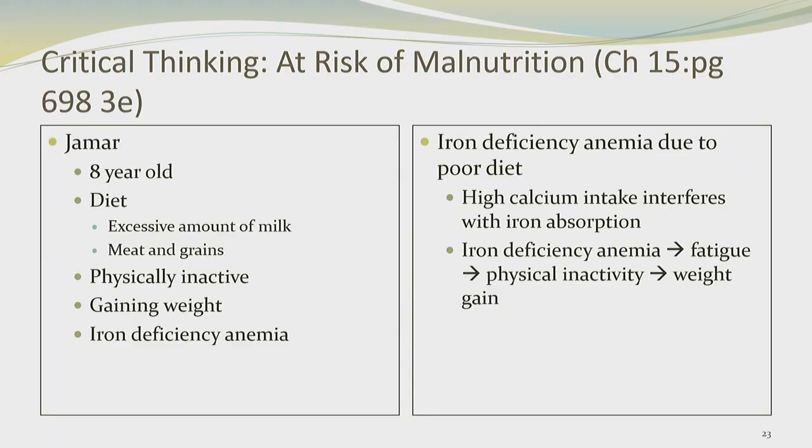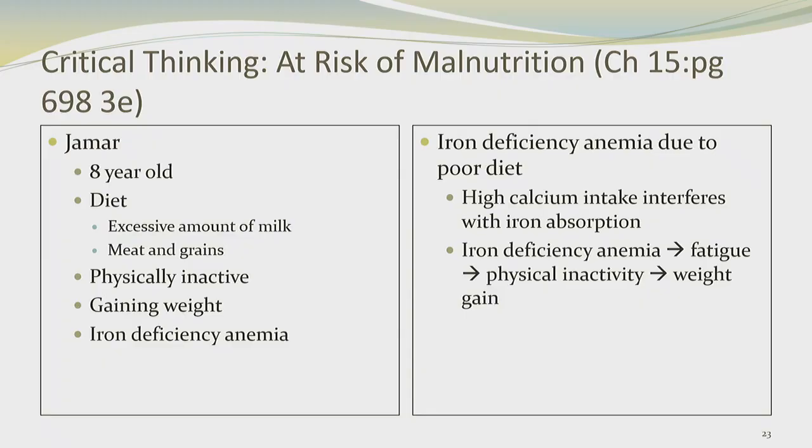And so from the case study, when you read it, it was assessed that the iron deficiency anemia is as a result of the excessive consumption of milk, because there's so much calcium that it's able to get absorbed much more than the iron that is in the food.